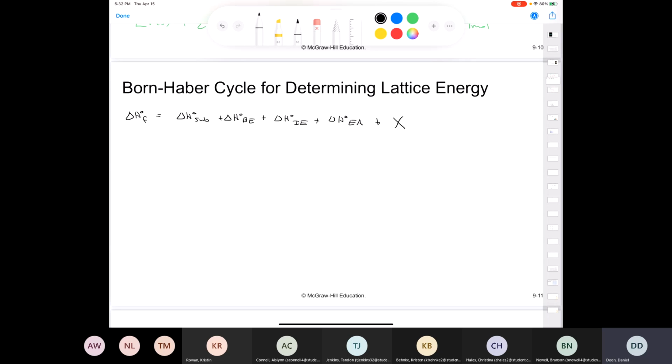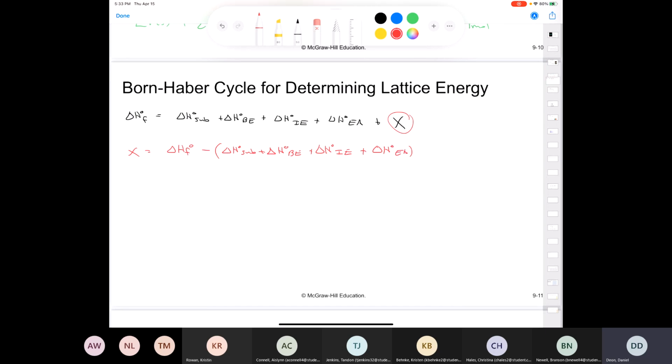I've got all of these values except for X. So now I can solve for X, and I can say X is going to be equal to the delta H of formation of my lithium fluoride, subtract the delta H of sublimation plus the delta H of the bond enthalpy plus the delta H of the ionization energy plus the delta H of my electron affinity.